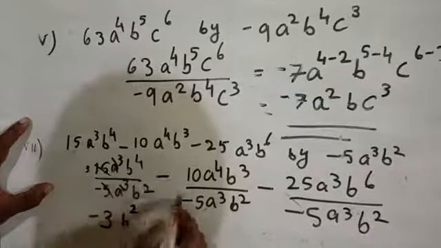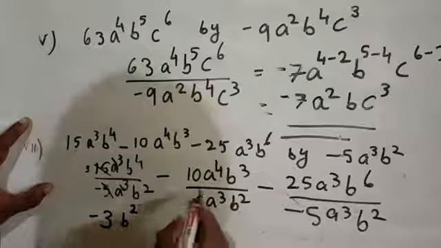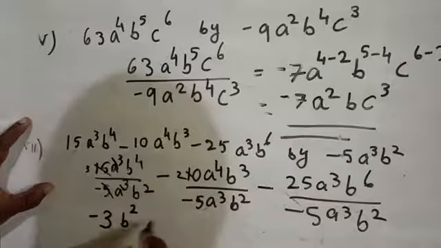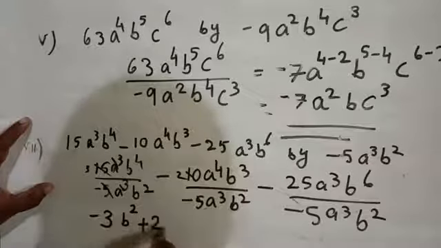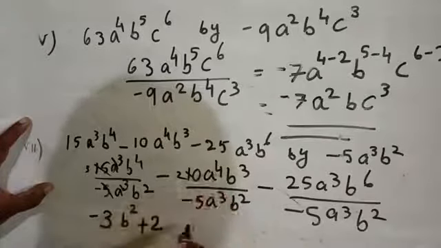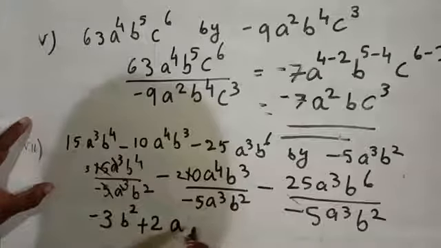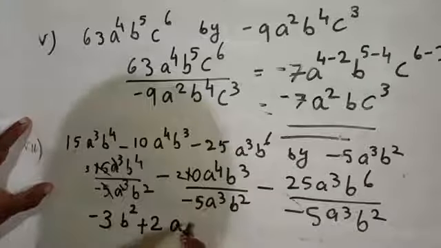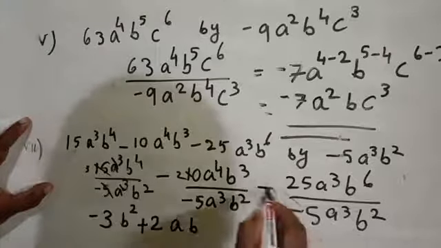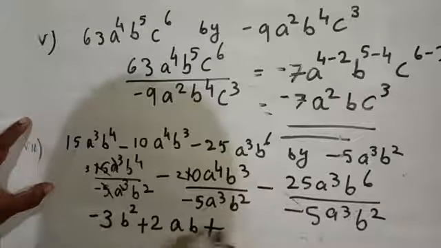Okay, now negative by negative, positive. 1 5s are 5, 2 5s are 10. So plus, negative by negative, positive. 2 a raised to 4 by a cube, 4 minus 3, 1. b cube by b square, 3 minus 2, 1. Okay, negative by negative, again positive.